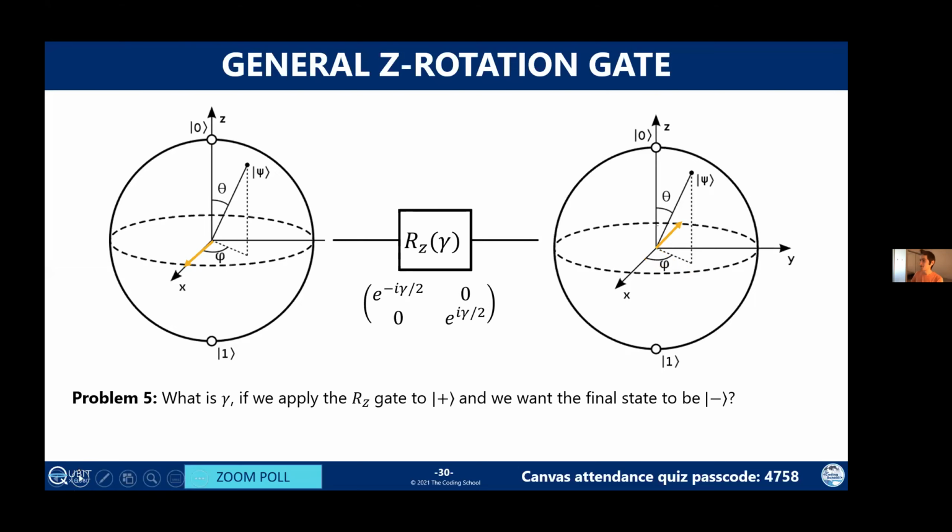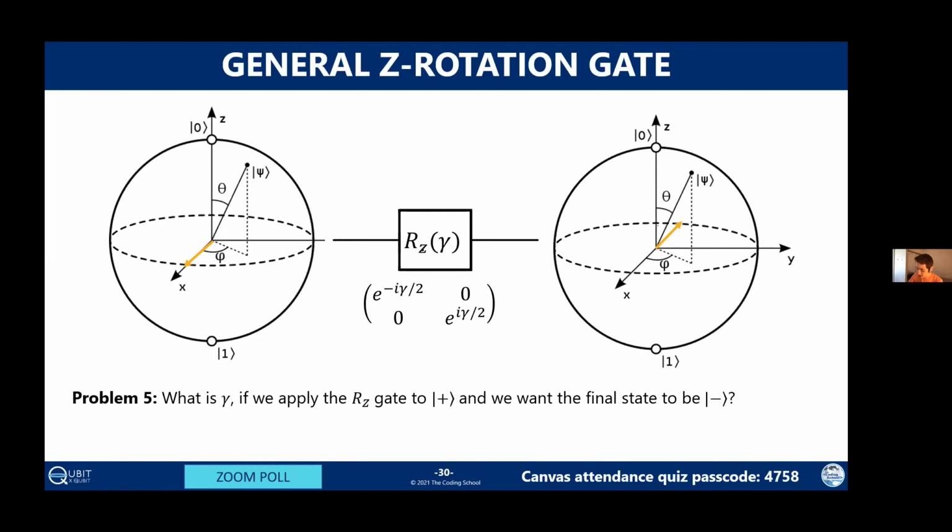This one is definitely the trickiest. My advice: first visualize where your start and end states are, and then try to visualize how the sphere rotates to get there. The question is, what is gamma if we apply the RZ gate to ket plus, and we want the final state to be ket minus? Visualize ket plus, visualize ket minus, and third, visualize how much you have to rotate.